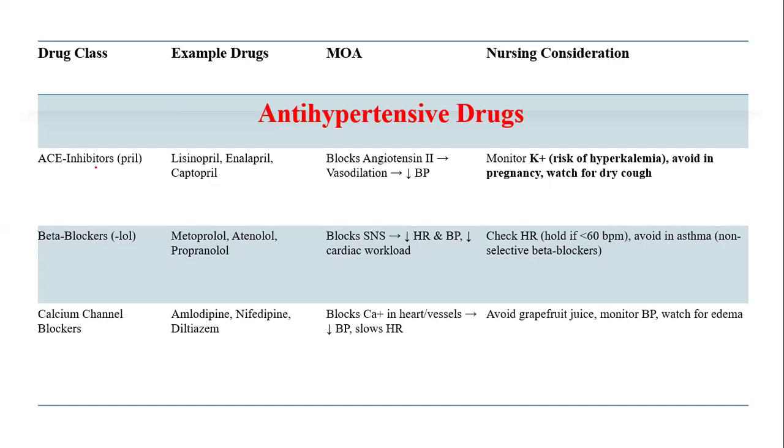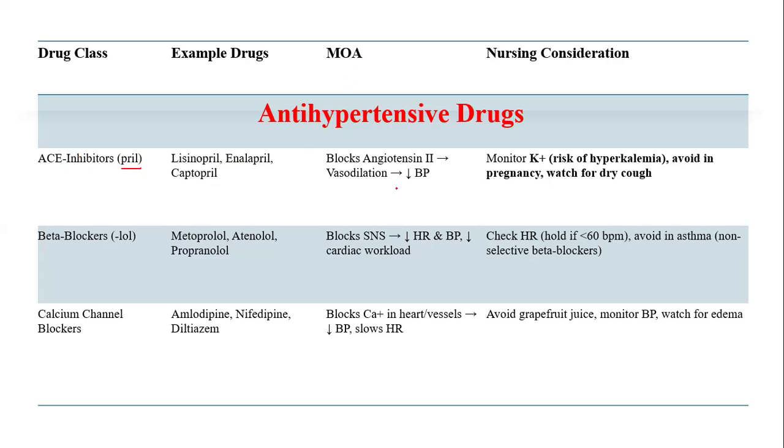In ACE inhibitors, whenever you see any medication with a suffix ending with pril, you can remember that this medication is an ACE inhibitor, right? You can see the examples here: lisinopril, enalapril, captopril. All these medications have names ending with pril. So anything with pril is an ACE inhibitor.